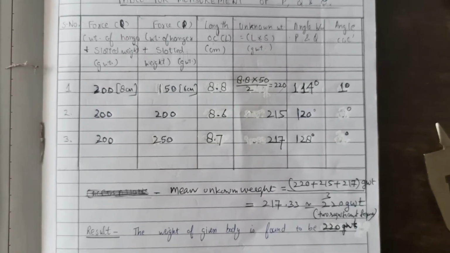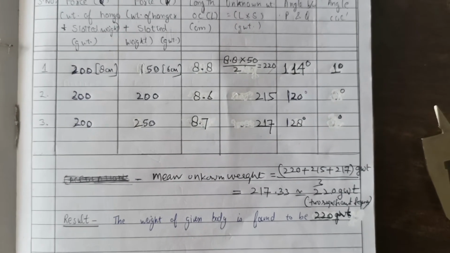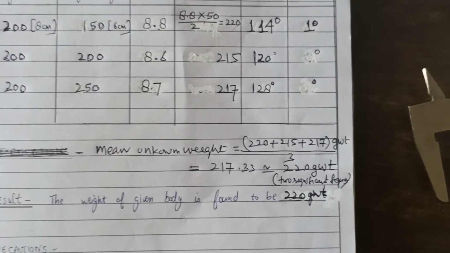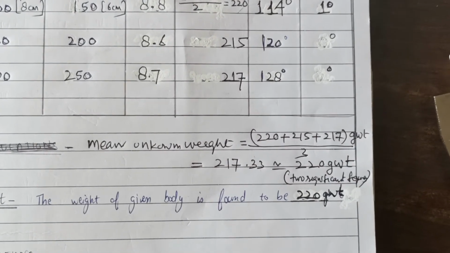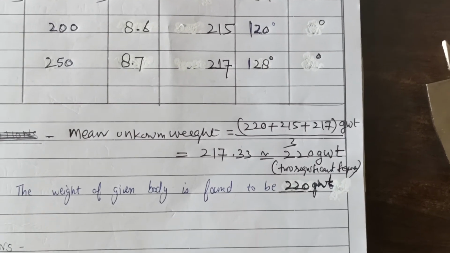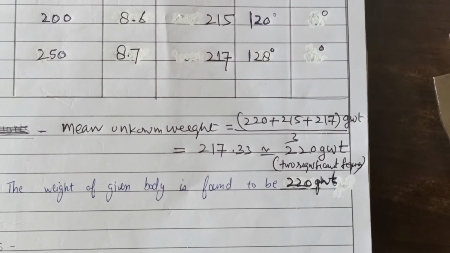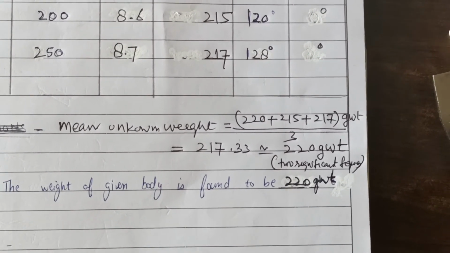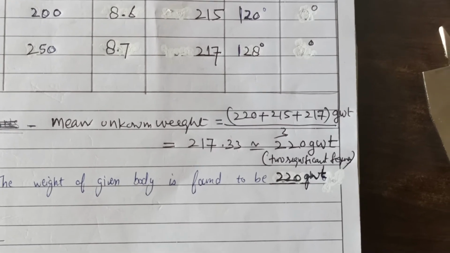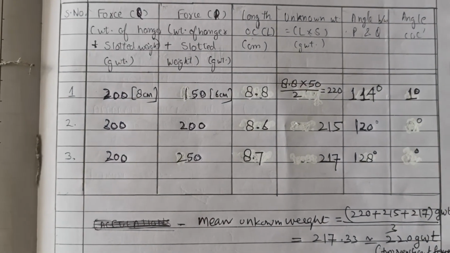So in this way, when these observations are completed, the mean unknown weight can be found, which after mathematical calculation was found 217.33, but there are so many significant figures in it, and we have only 2 significant figures.